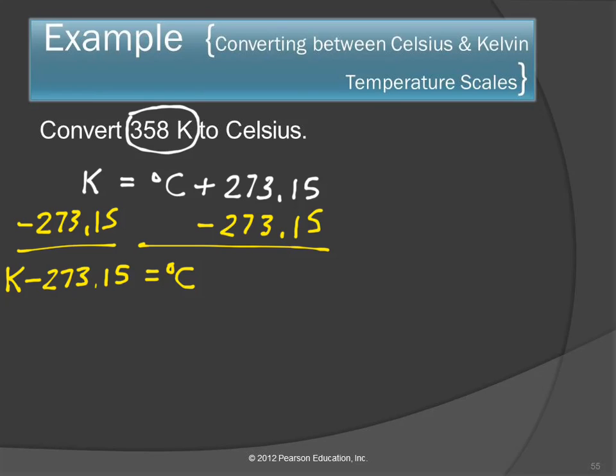Okay, so degrees Celsius equals Kelvin, which is 358, minus 273.15. 358 minus 273.15. Calculator says 84.85, and that would be degrees Celsius.